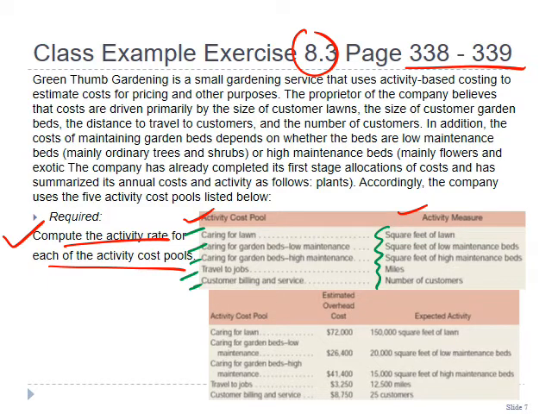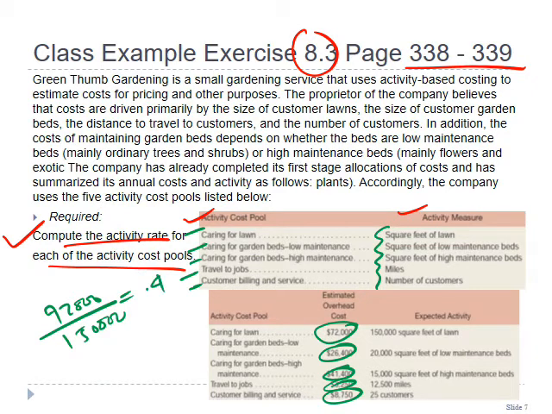Data is already given, so it means this data already passed the first stage allocation. Right, now we have to calculate the activity rates. So simply the caring for lawn activity rate is 72,000 divided by 150,000, which is 0.48.